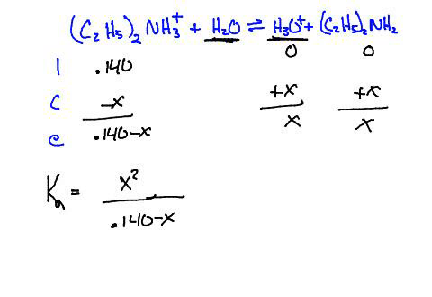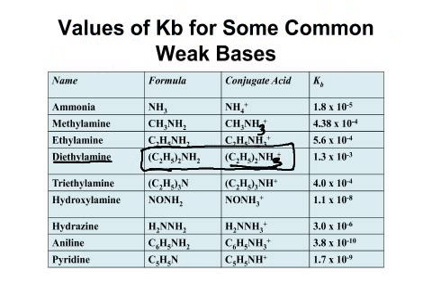Now I must use the Ka value. If I go back to my table, we find that the Kb is 1.3 times 10 to the minus third. That's the value from the table.